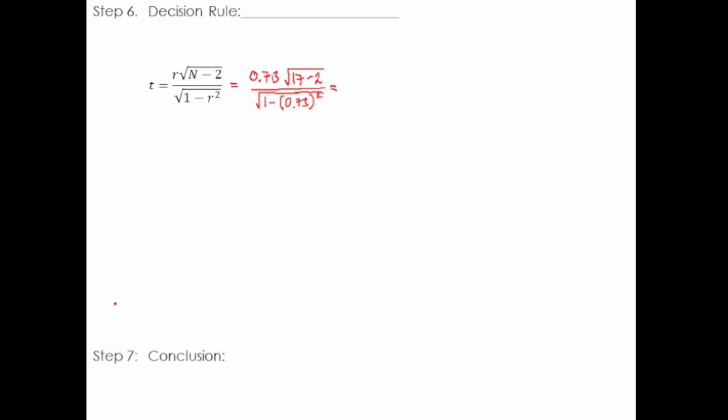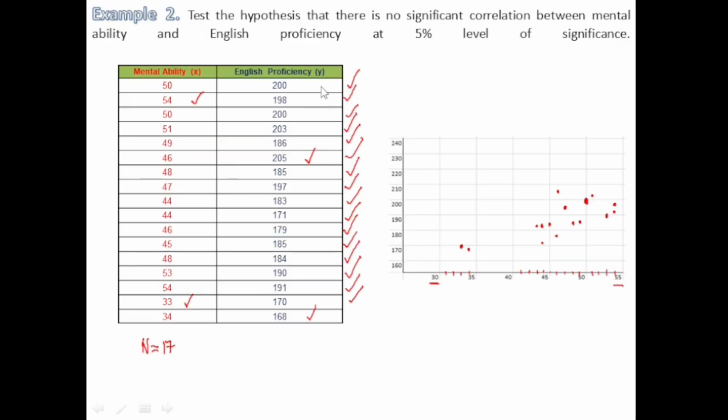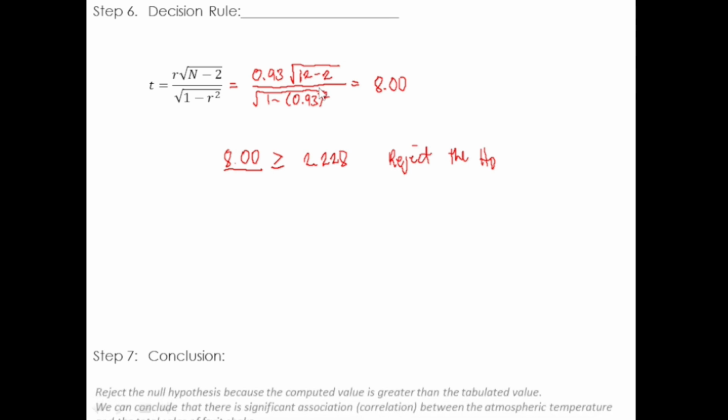Ang nakuha po natin ay 4.14. Okay? So, yung decision rule natin, 4.14 is greater than or equal dun sa ating critical value a while ago.